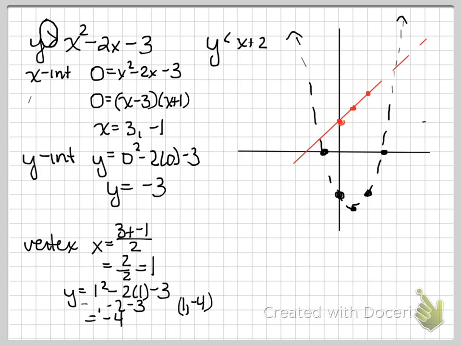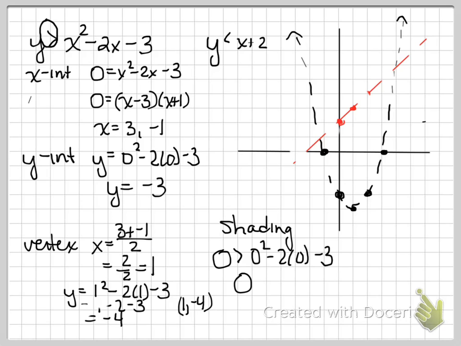So I need to cut out parts of it. Okay? Now we need to do our test point to see where our shading is. So for our shading, again, we can use 0, 0 because our equation doesn't go through it. So I'm going to put 0 is greater than 0 squared minus 2 times 0 minus 3.